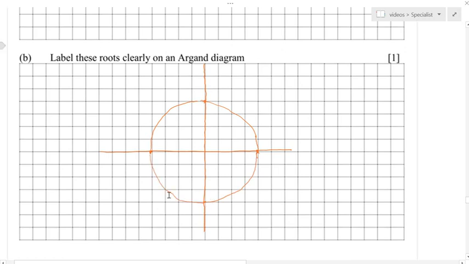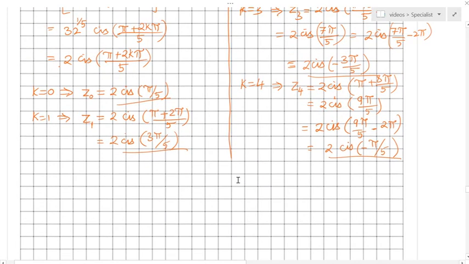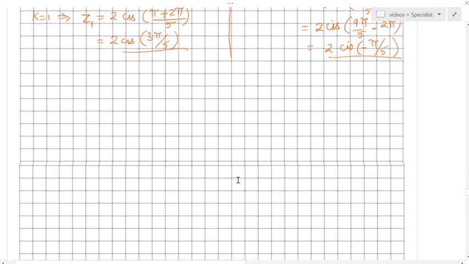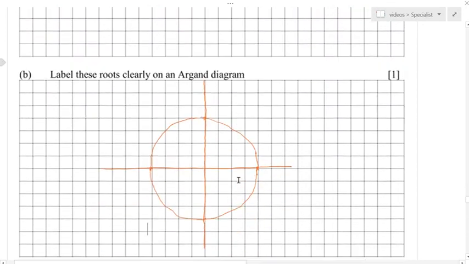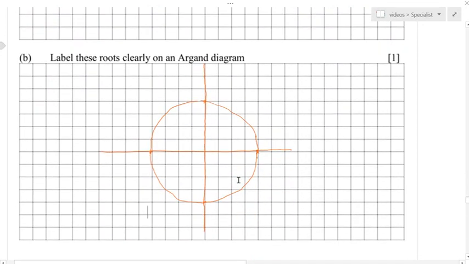Okay, so going back there, first root is 2 cis pi over 5. Cis pi over 5 makes an angle of, real, imaginary, I need to also say that radius equals 2. 2 cis pi over 5 means the argument is pi over 5.